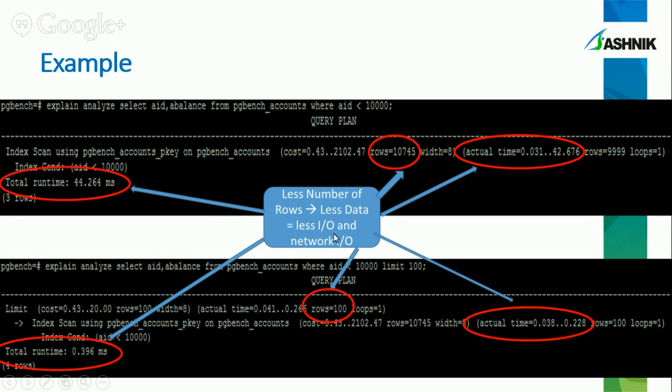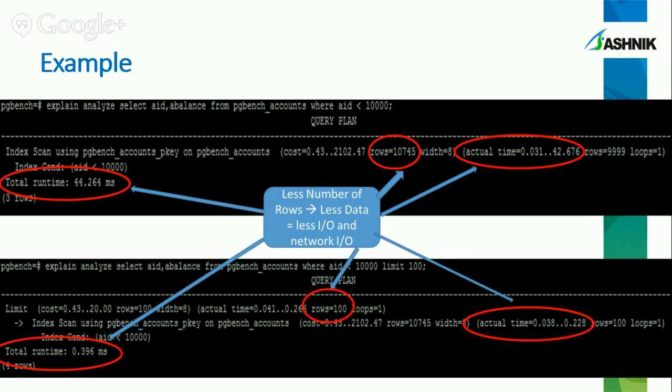And what this means, again, less number of data, less number of network traffic, less amount of IO. And because of this, you can see that total execution time has come down drastically. It has come down by more than 100 times.